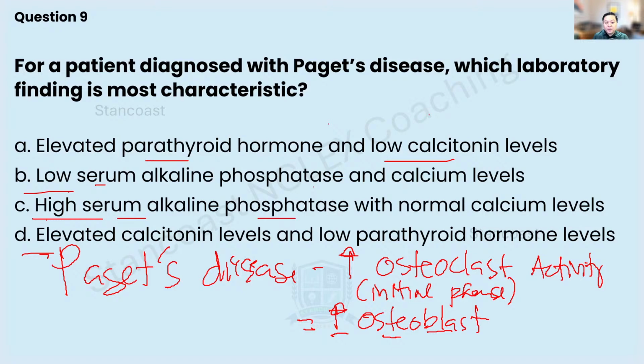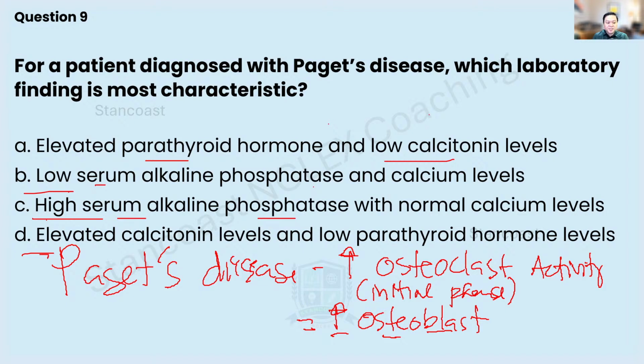However, the osteoblast is not really going to repair the bone structure. It is not a stable type of bone structure. It is abnormal bone structure. So again, when we are talking about Paget's disease, it involves two phases. First is increased osteoclast activity, followed by osteoblast activity that is also increased. Now, this is a disease that is not really quite known as to the cause.